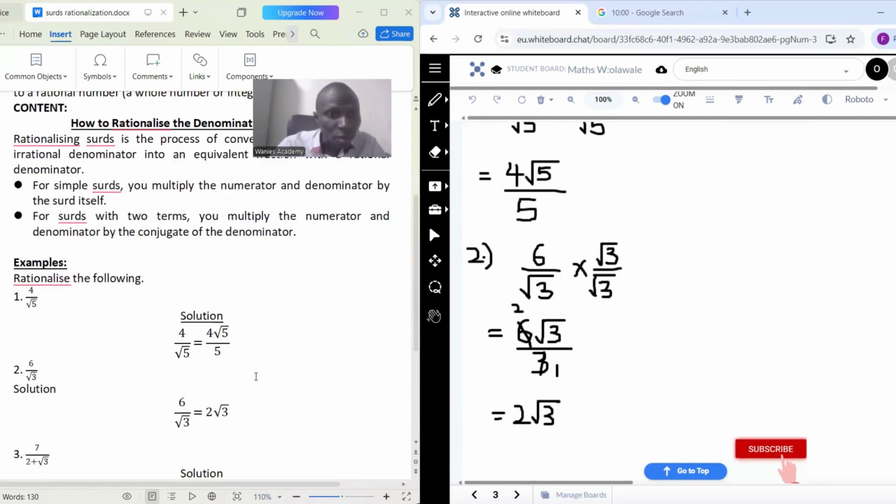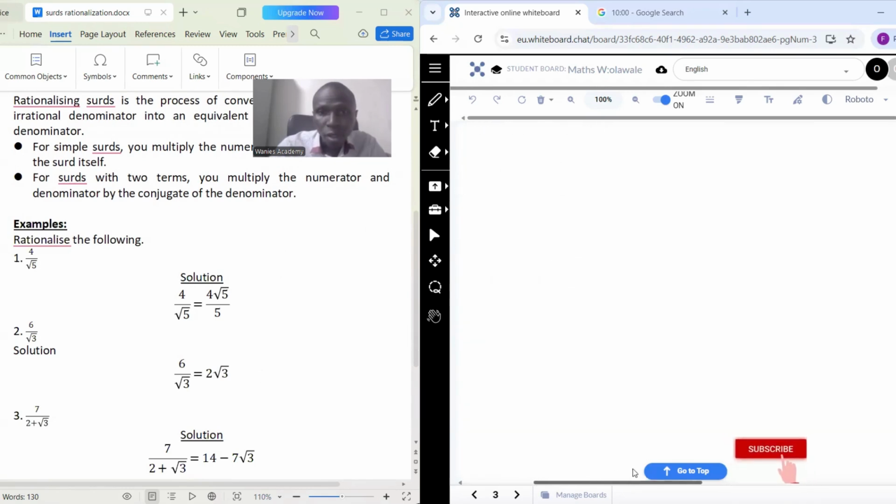And to the last example. Here we are asked to rationalize the denominator. We have 7 over 2 plus the square root of 3. So here we multiply the numerator and the denominator by the conjugate of 2 plus root 3.